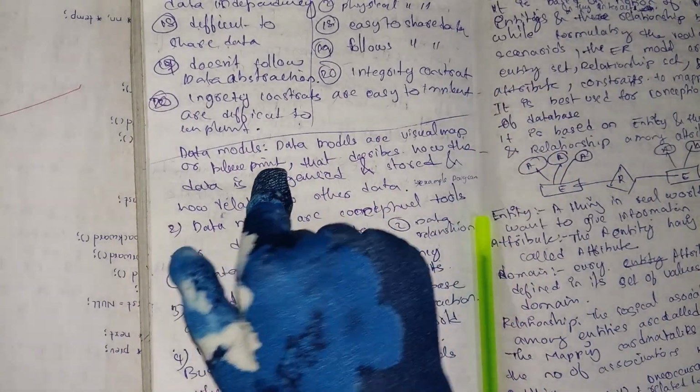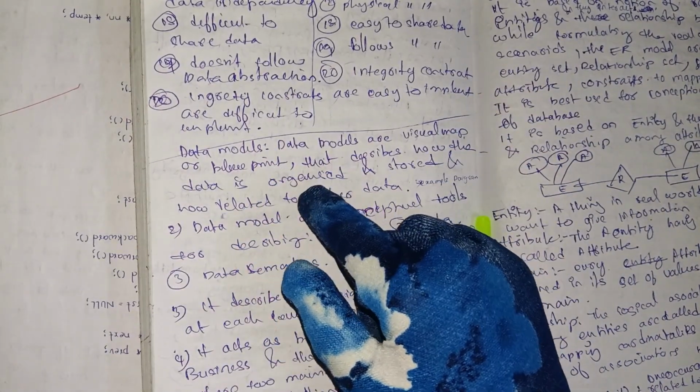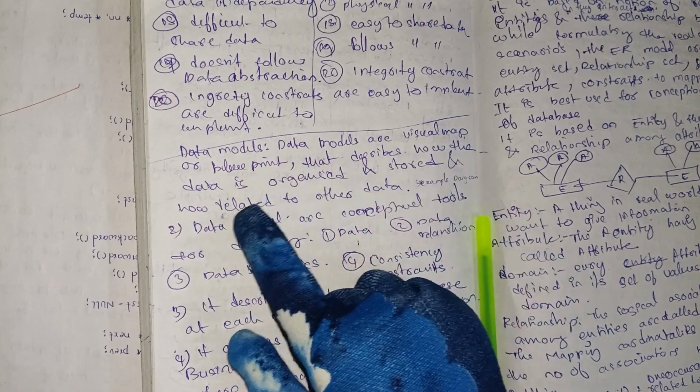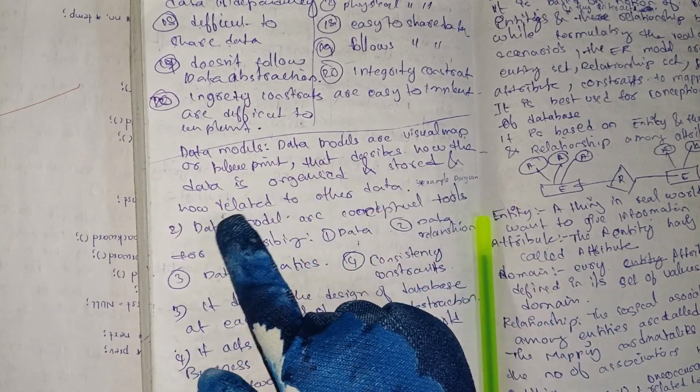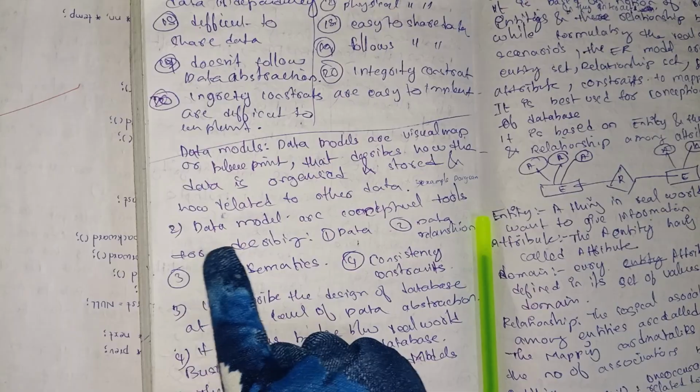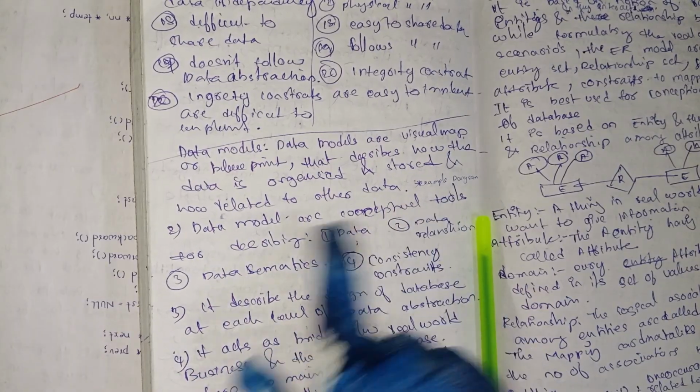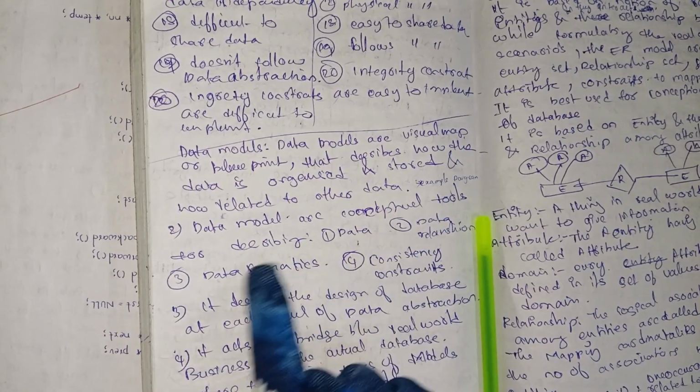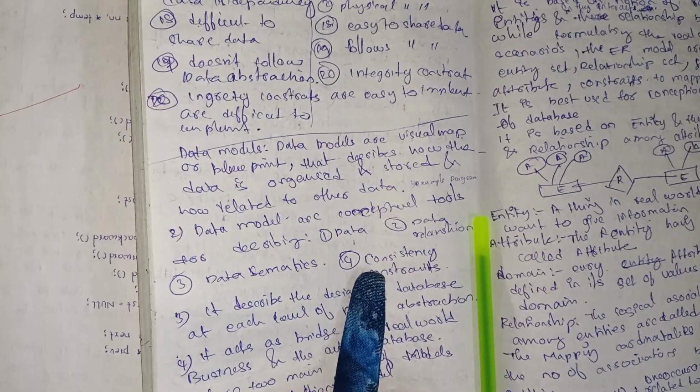Here these are the imaginary blueprints which describe how data is organized and stored and how related to other data. Data models are conceptual tools for describing data, data relation, data semantics, consistency constraints.